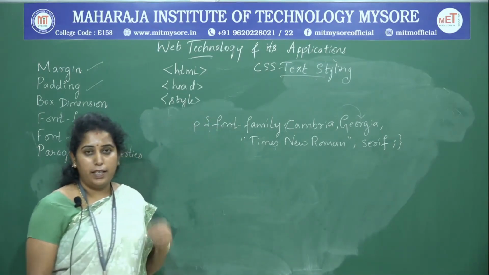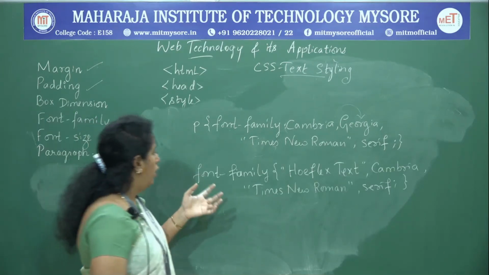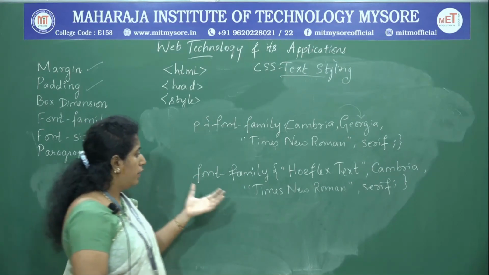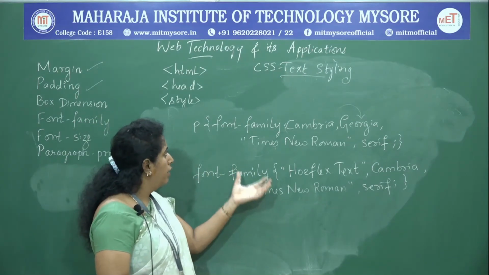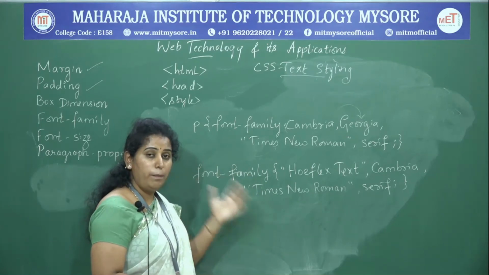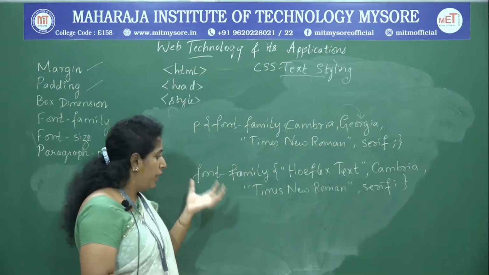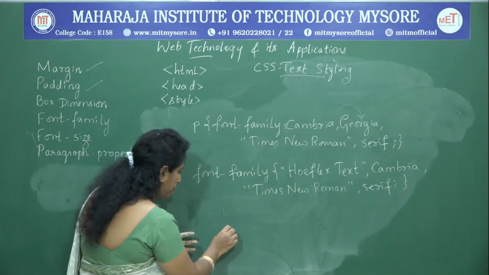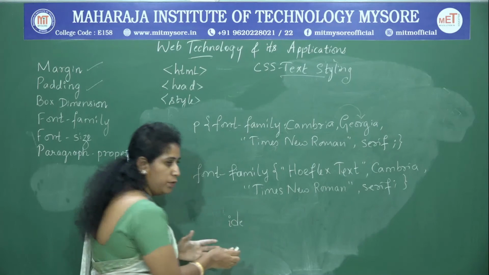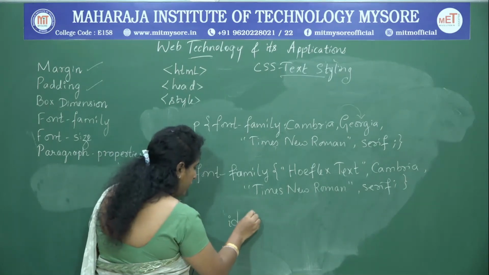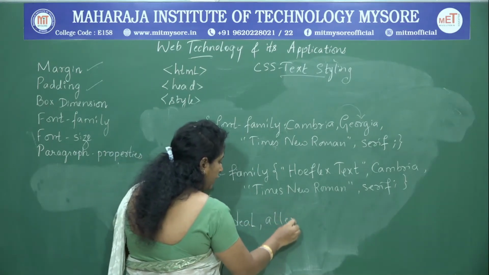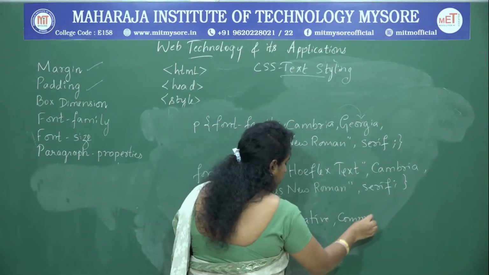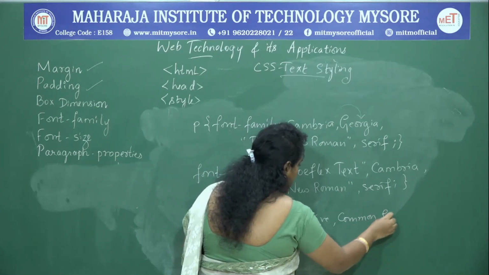Next, while writing the web font stack they make a distinction. They take four types of classification: one is ideal, the second is alternative, the third is common, and the fourth is generic.